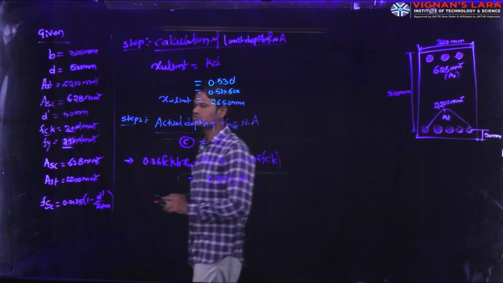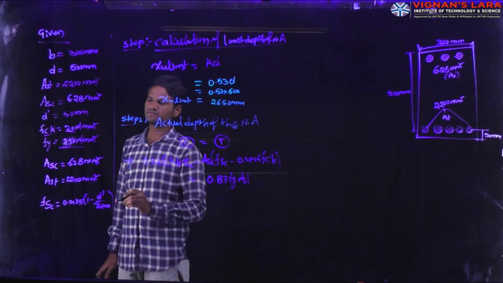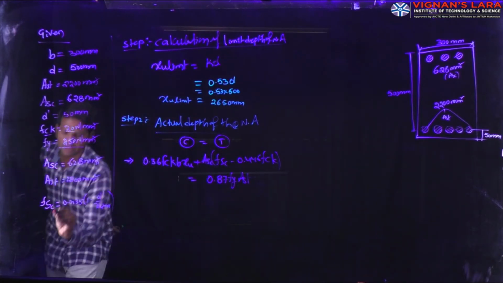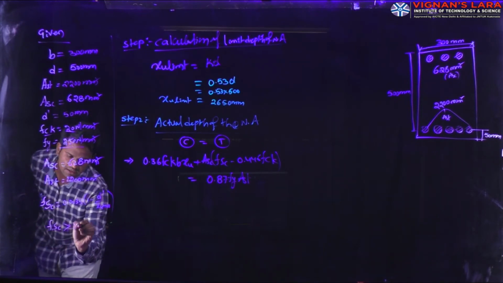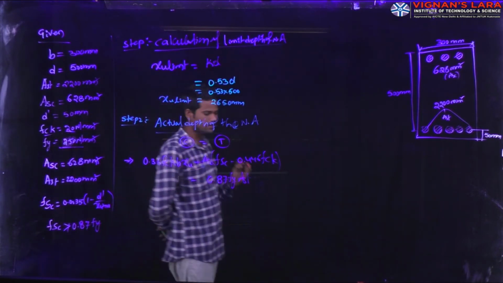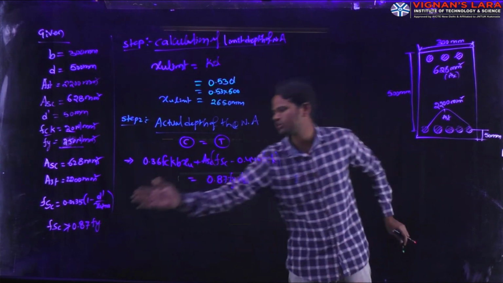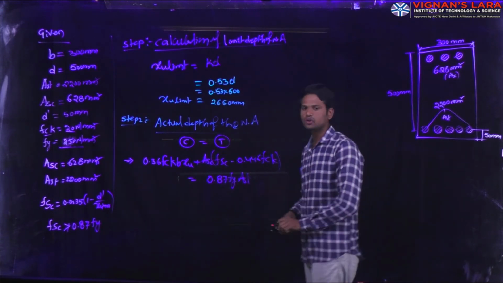Again, for our problem, the grade of steel is mentioned as Fe 250. Always ensure that the FSC value should not be greater than 0.87 into Fy. For different grades of steel, while calculating, ensure that it is not greater than 0.87 into Fy.